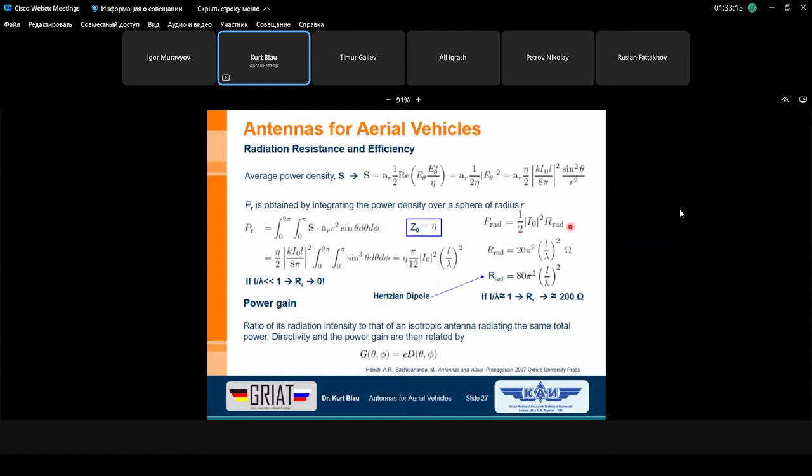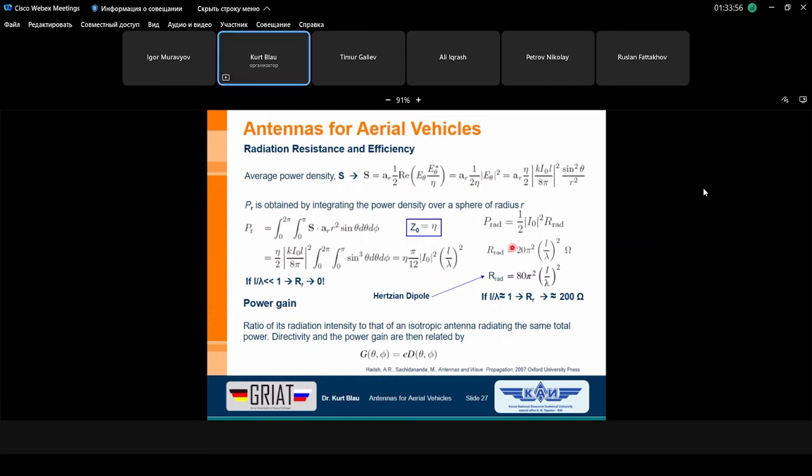Yeah, this is a very primitive expression coming from Ohm's law, and what we can do is set this equal to the developed radiated power. If we set these formulas equal and look at the expressions on both sides, we find a radiation resistance in the case of a Hertzian dipole of 20 pi squared times the length of the dipole divided by lambda, squared, in ohm.